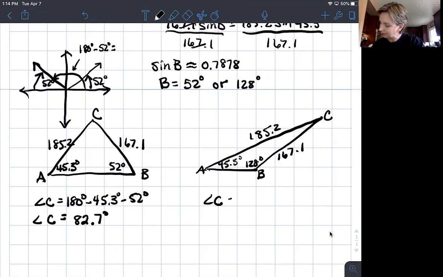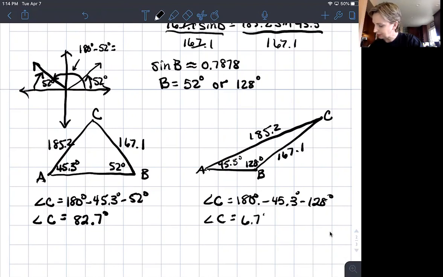And angle C for the obtuse triangle is 180, got to squish that in there, minus 45.3 minus 128. What does that leave for angle C? That teeny tiny little slivery angle up there, right? It only leaves 6.7 degrees. Okay, so we have an 82.7, and we have a teeny weeny little 6.7 degree.